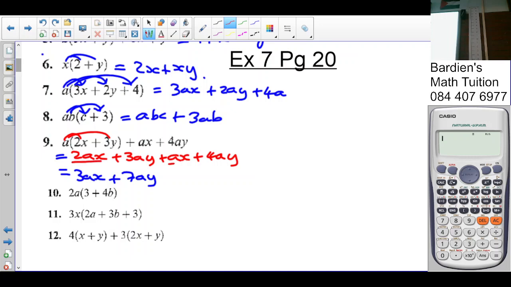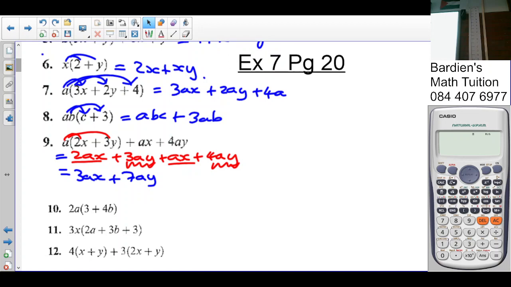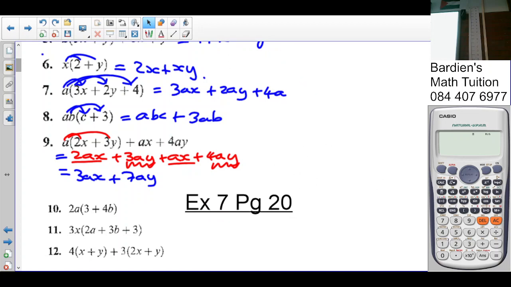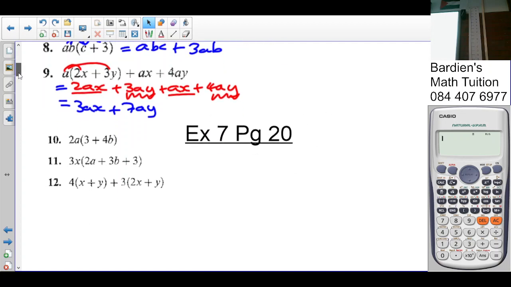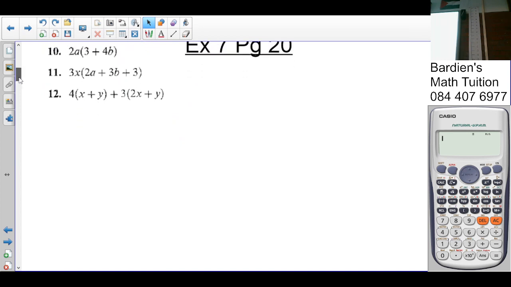We add like terms. So 2ax plus ax is going to give you 3ax. 3ay plus 4ay is 7ay. Okay. Skip a line. That's how I expect you to answer it. Okay? Is that number 9? Number 10?